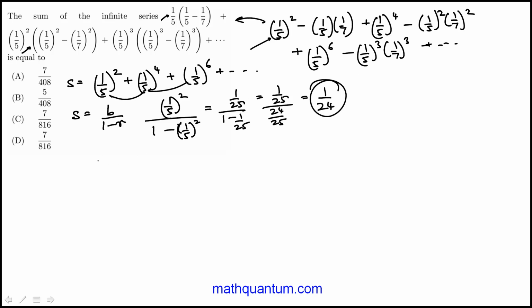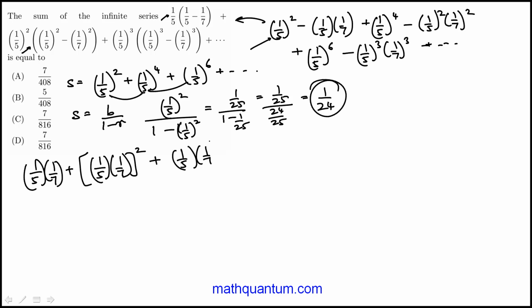If you look at the remaining terms, and this is the part I have to subtract, that's 1/5 times 1/7 squared. Actually, no, the first term is 1/5 times 1/7. And I'm doing plus, and then I'll eventually subtract that. 1/5 times 1/7 cubed, and so on and so forth.